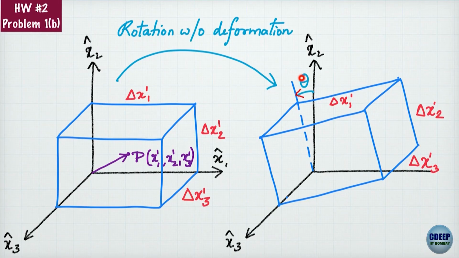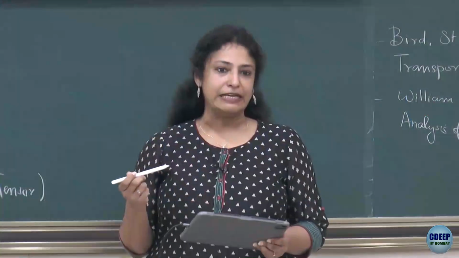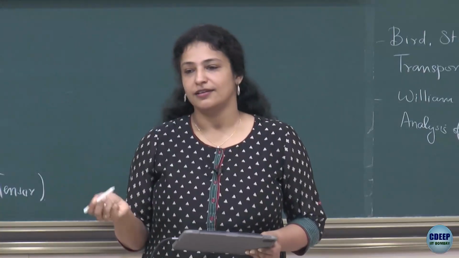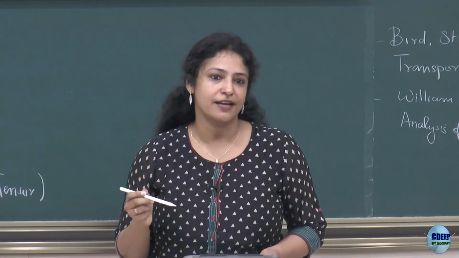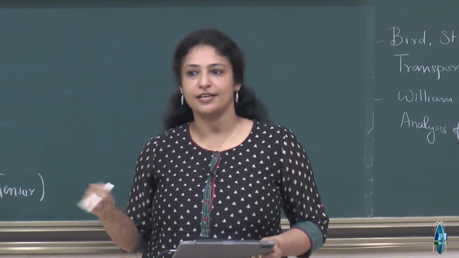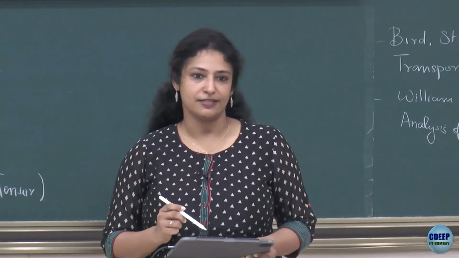Once you do this for theta, you can also do it for minus theta and then convince yourselves that indeed for pure rotation, theta and minus theta would be such that when you do one operation after the other, you will just get the identity tensor.